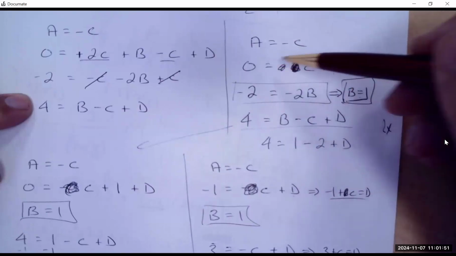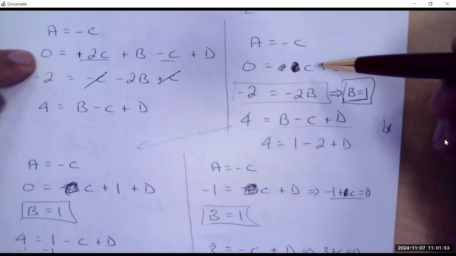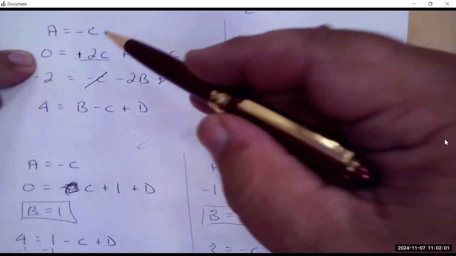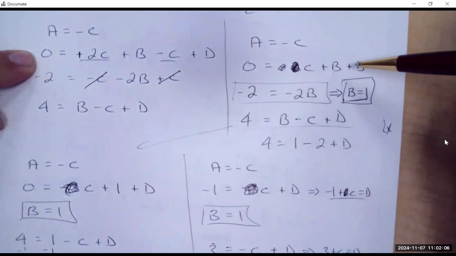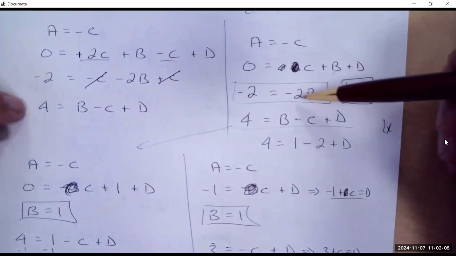Okay, so here we have A equals negative C, so 0 equals 2 minus 1 is 1, C, B, D, and B equals 1.